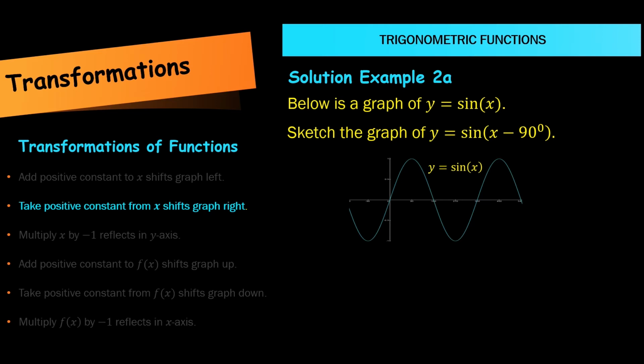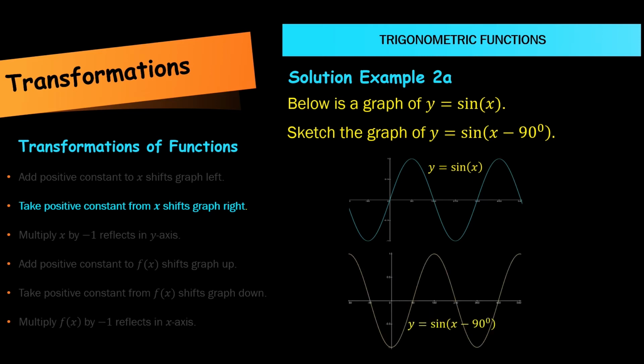So this is going to shift the graph to the right, as shown on your screen. The graph has shifted right by 90 degrees, or it's a shift of (90 degrees, 0) as a vector.